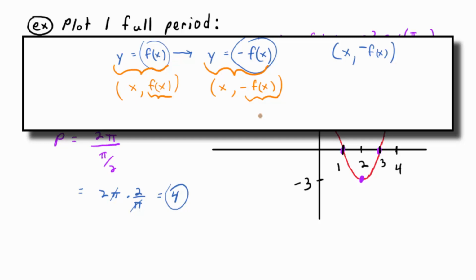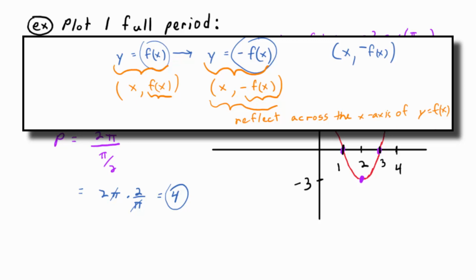And we say that the graph of y equals negative f of x is a reflection across the x-axis of the graph of y equals f of x. That's a transformation that you talk about a lot in detail in college algebra, but that's the gist of it.